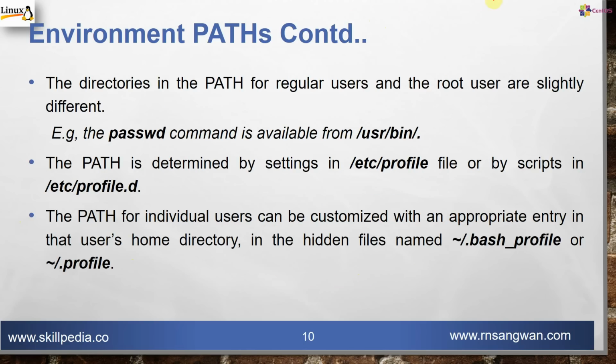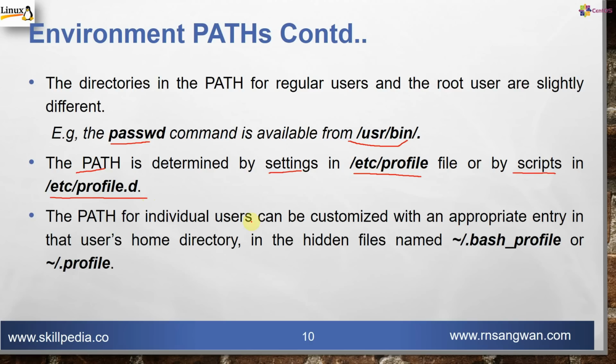The directories in the path for regular users and the root user are slightly different. For example, the passwd command is available from /usr/bin. The path is determined by settings in /etc/profile or by the scripts in the /etc/profile.d directory. I repeat, /etc/profile and /etc/profile.d are system-wide settings, which means they are applicable for all users who are logged in.